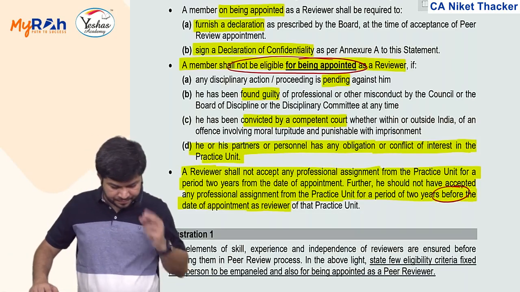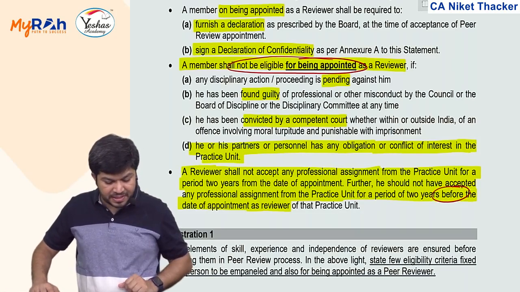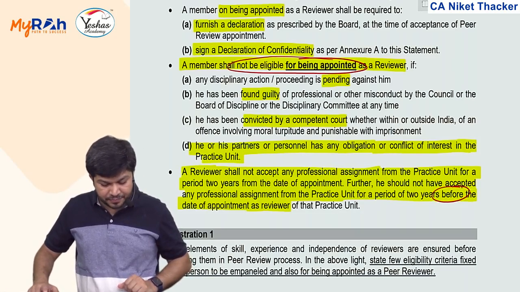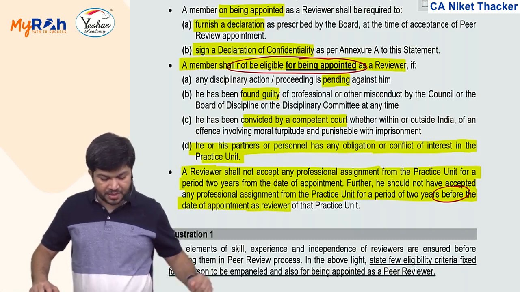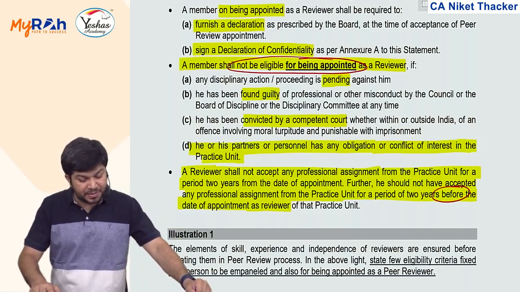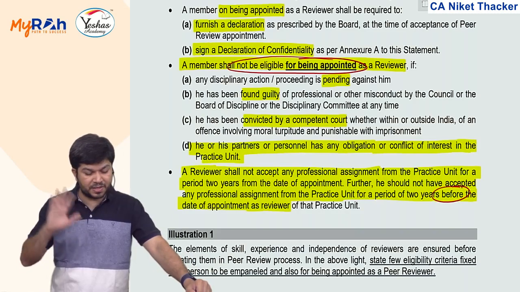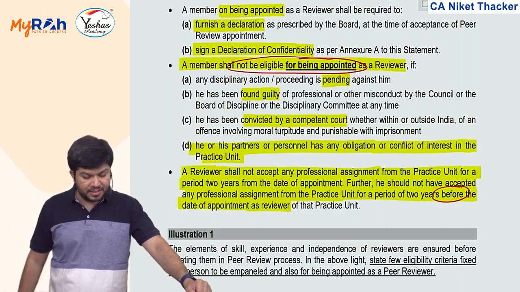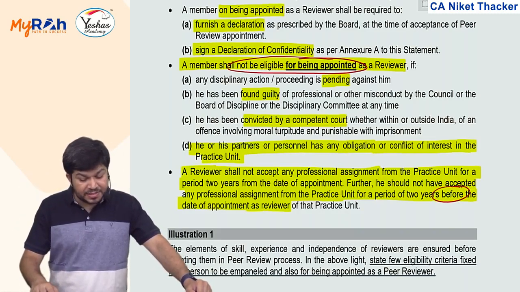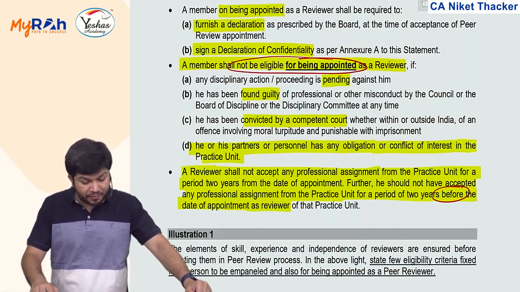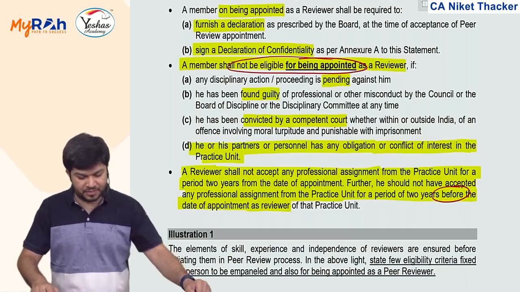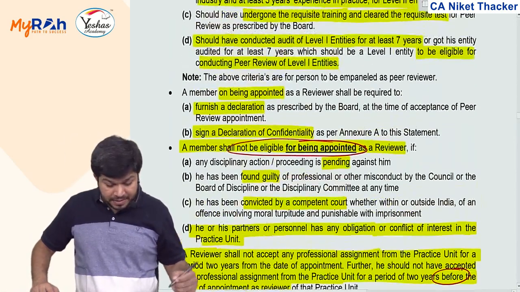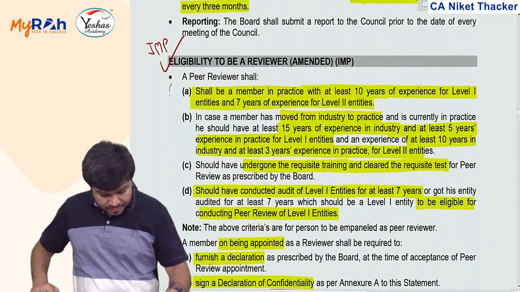Okay, question 1. The elements of skill, experience and independence of reviewers are ensured before initiating them in the peer review process. In the above light, state a few eligibility criteria fixed for a person to be empaneled as an auditor. Now, to be empaneled is this.